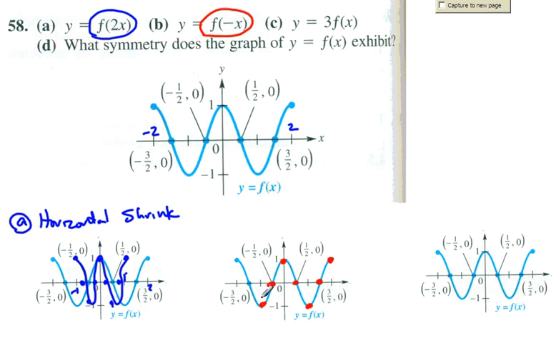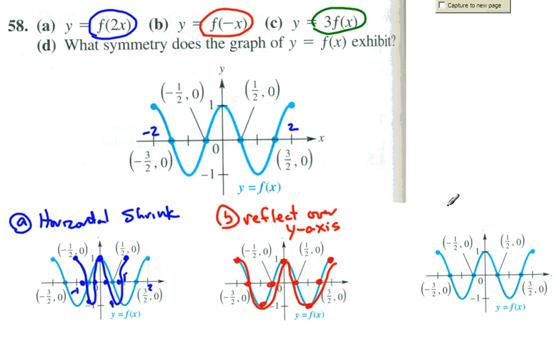You can see that it's landing on itself, and when we're done, we have the exact same graph as before, because when we reflect over the y-axis, nothing changed because it landed on itself. All right, let's look at our third one.